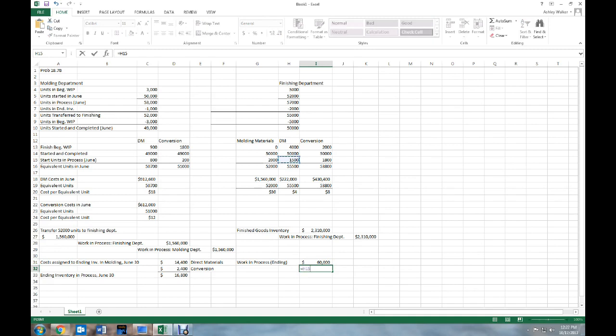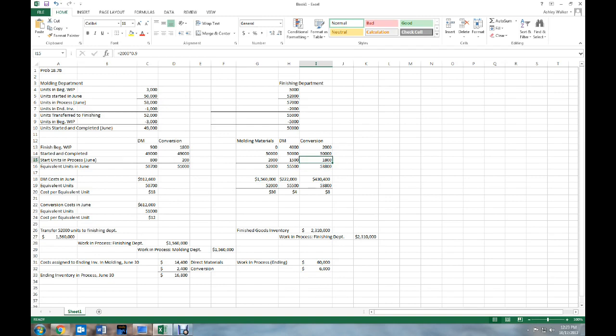And direct materials right here at $4 each from here. And our conversion costs.